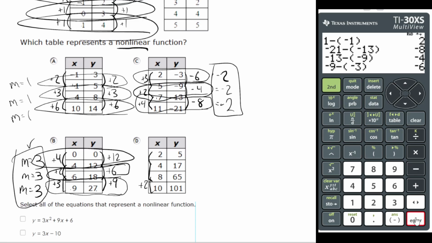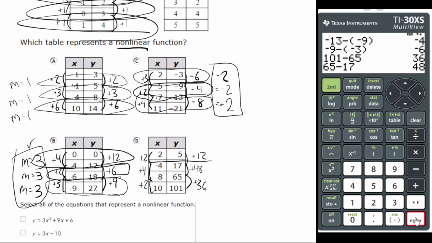10 minus 8, that's positive 2. 8 minus 4, that's positive 4. 4 minus 2 is positive 2. 101 minus 65, other way around, is positive 36. 65 minus 17 is positive 48. And 17 minus 5 is positive 12.